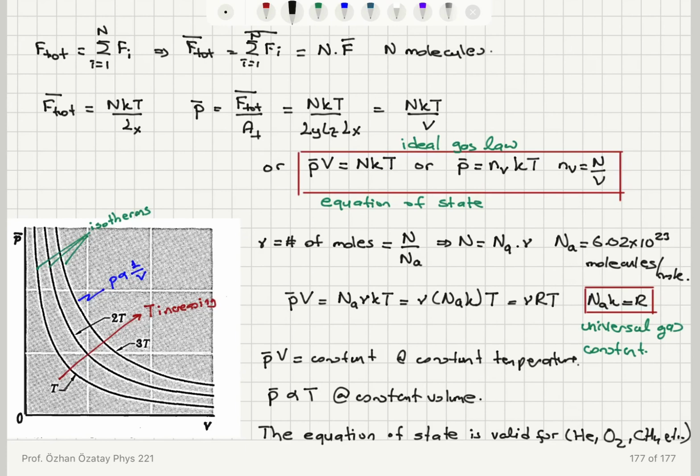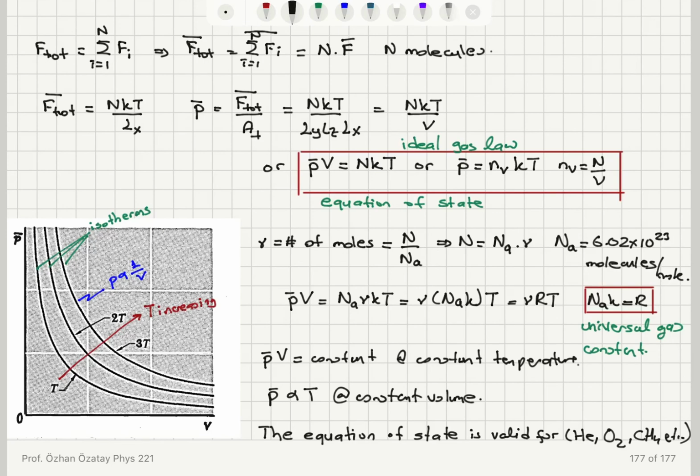And calculating the total mean force, I just multiply the mean force per molecule with the number of molecules n, and if I divide it by the perpendicular area Ly Lz, I have pressure.